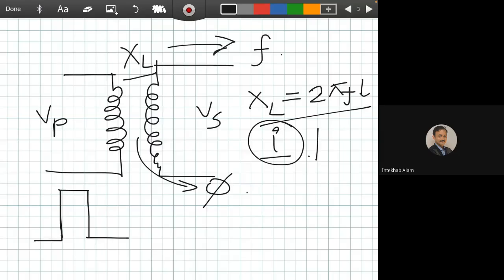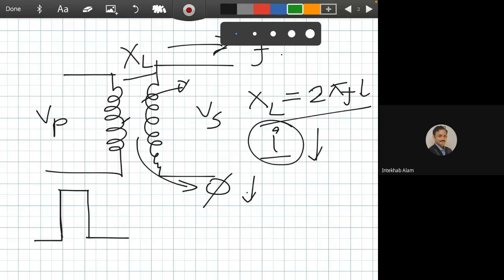And if the flux is reduced, we may not have the same flux on the secondary side. Flux coupling may be hampered. So whenever we give a square pulse on the primary side, it becomes a little bit out of shape like this one.